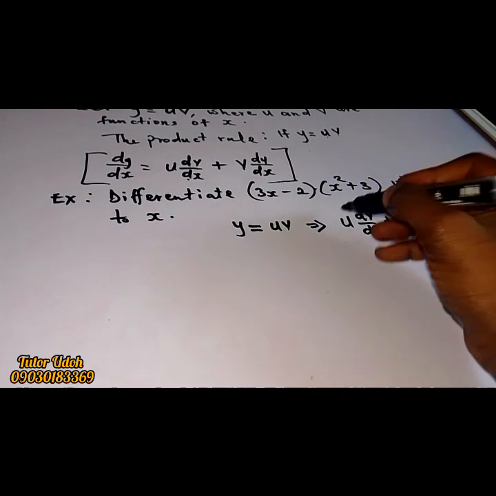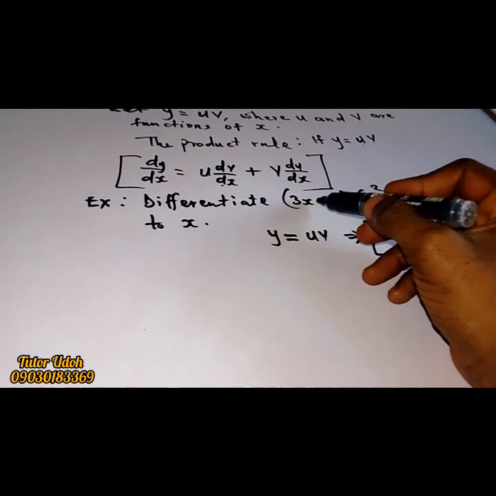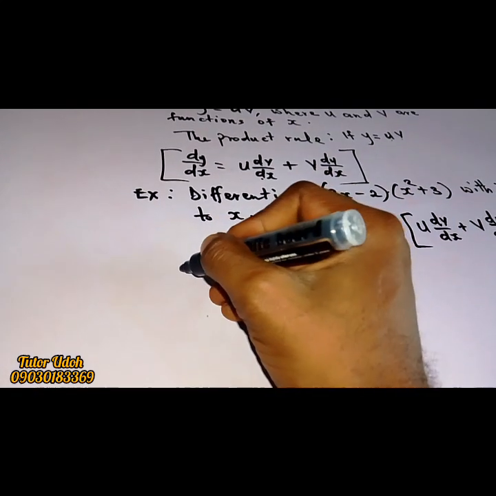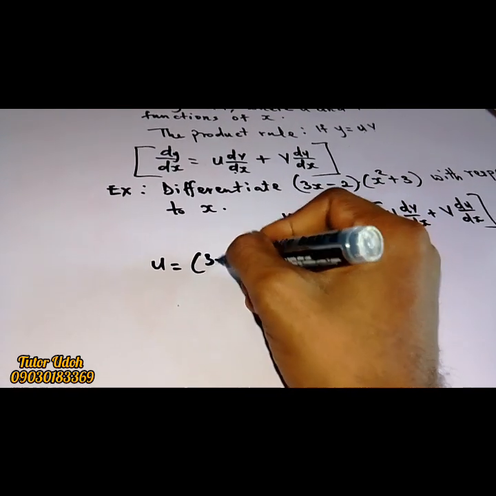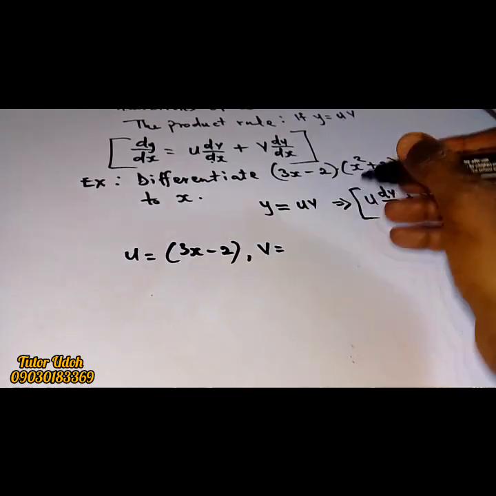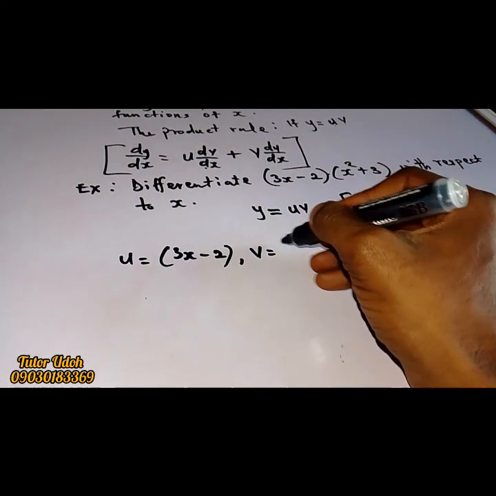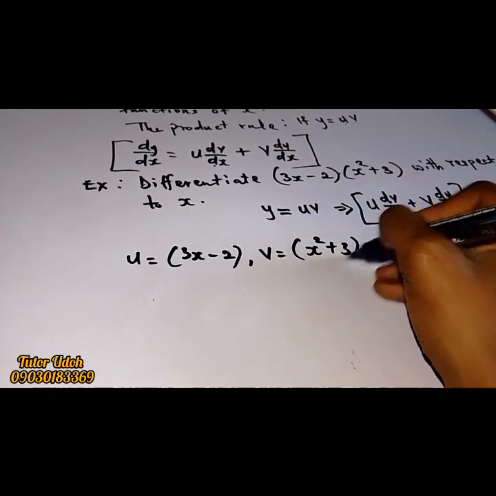So this is the product rule, as we know. So in this case, the first bracket is going to take the value of u. So u is equal to 3x minus 2, and v will take the value of the second bracket, which is x squared plus 3.